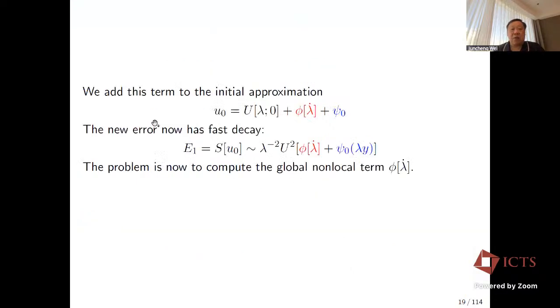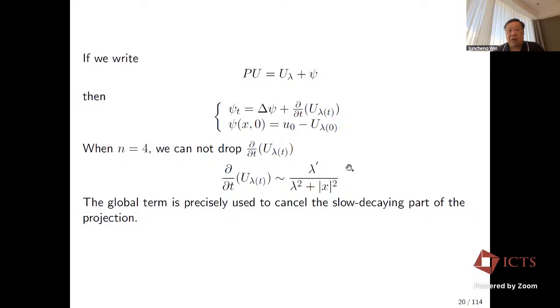So now we add this global term to the initial approximation. So we have u lambda 0 and phi lambda 0 plus phi 0. The new error now has a fast decay, because we got rid of the slow decay. And we need to compute the global non-local term.